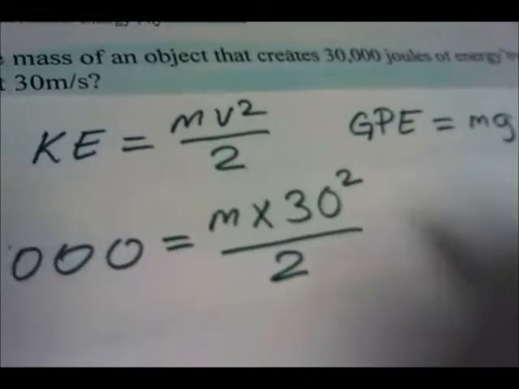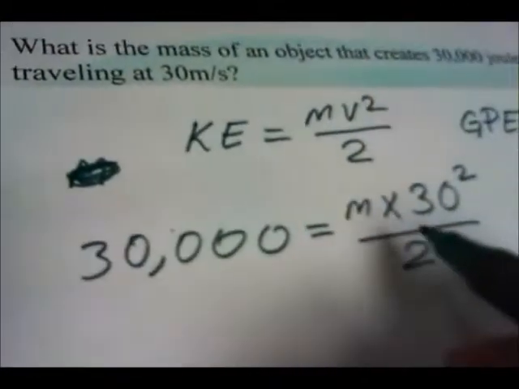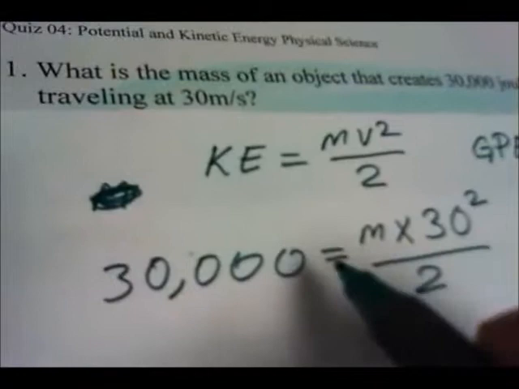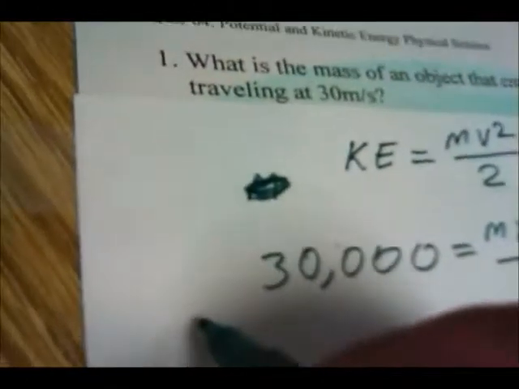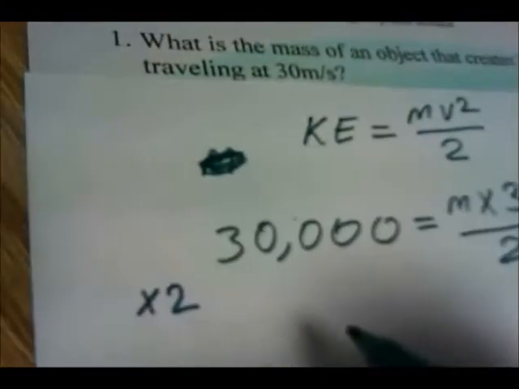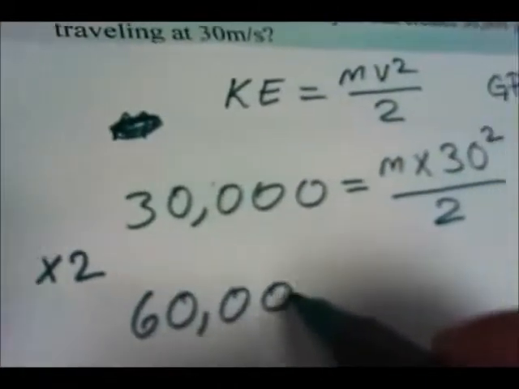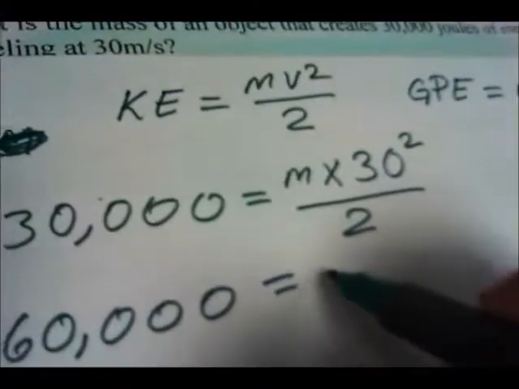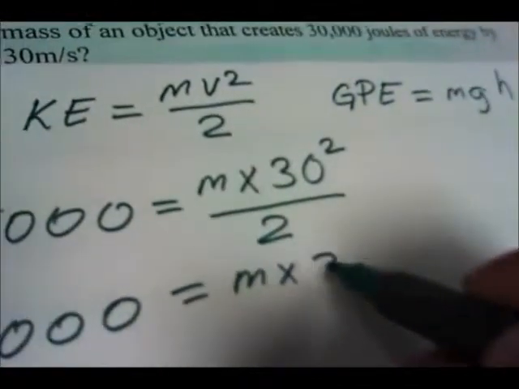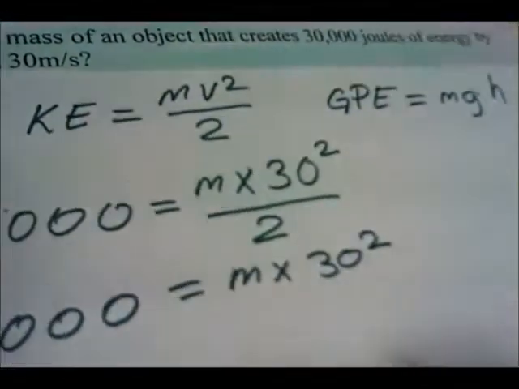In our next step, we're going to multiply both sides of this equation by 2 because 2 is on the bottom. When we do that, this becomes 60,000 equals m times 30 squared.